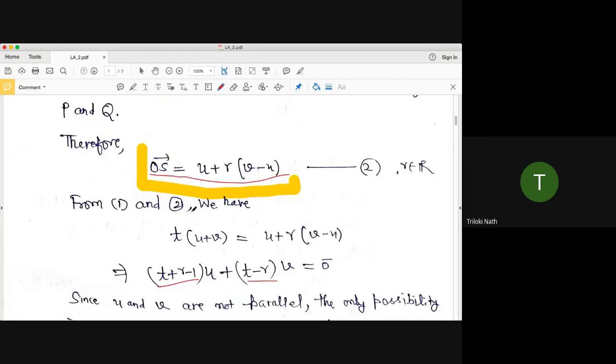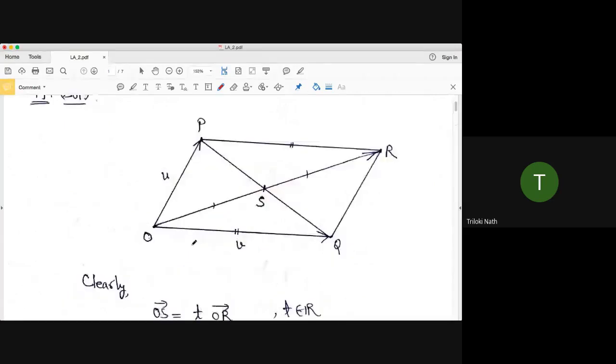Because if U and V are not 0, then their scalar sum is not 0. That means multiplying some scalar by U, then multiplying some scalar to V, then adding, it will not be 0. Because suppose you are taking here the vector, then you are taking here the vector. Then the sum will again be given by the parallelogram.